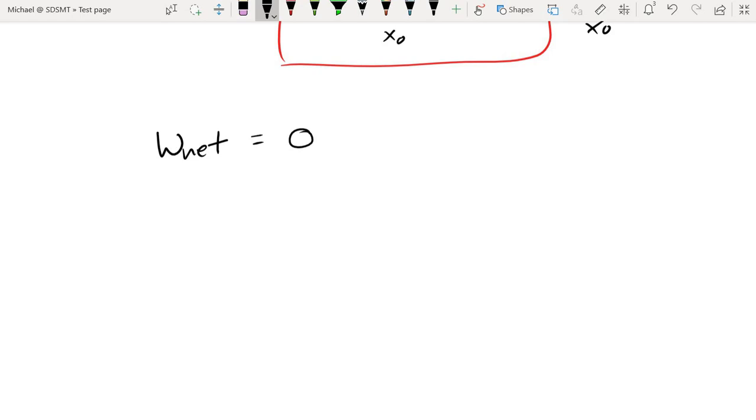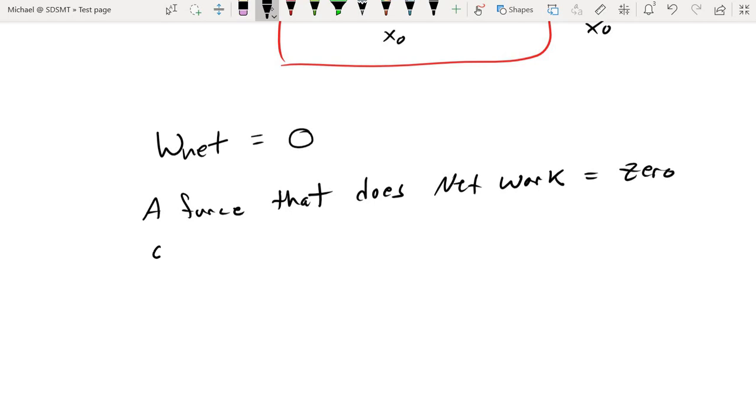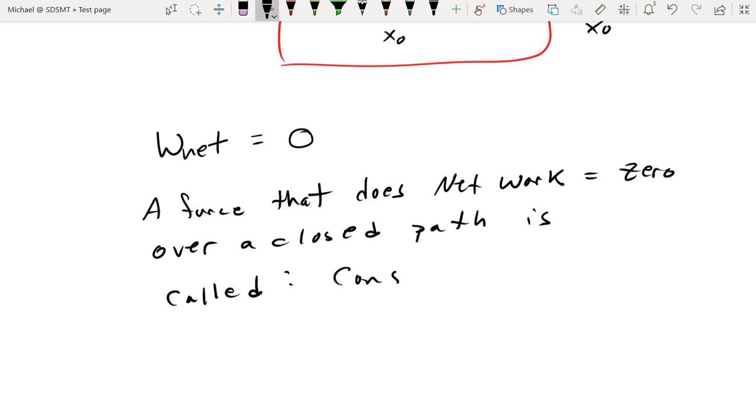We also saw that happen when we compressed it and allowed it to return to equilibrium. So a force that does net work equal to 0 over a closed path is called a conservative force.